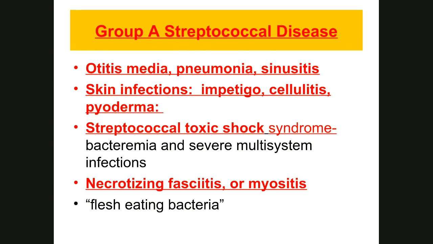Other infections caused by group A strep: otitis media, which is a middle ear infection, pneumonia, sinusitis. It can cause skin infections like impetigo, cellulitis, pyoderma. It also can cause a streptococcal toxic shock syndrome, just like a staph could cause toxic shock syndrome.